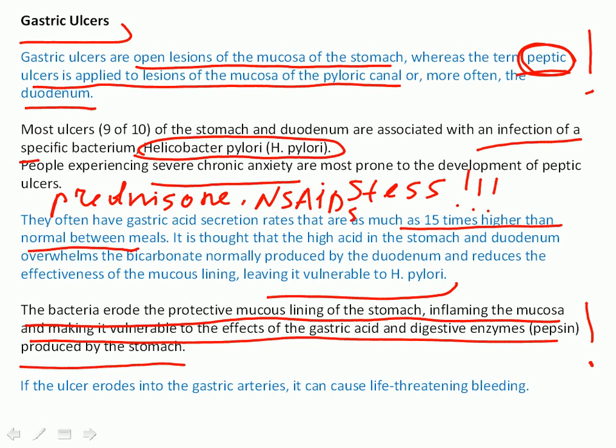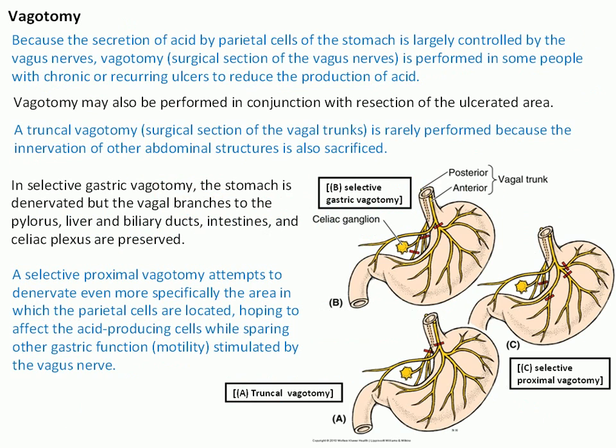Bacteria also erode the protective mucous lining of the stomach and release various toxins which inflame the mucosa and make it vulnerable to the effects of gastric acid and digestive enzymes. If an ulcer erodes into the gastric arteries, what will happen? There will be severe and possibly life-threatening internal bleeding.